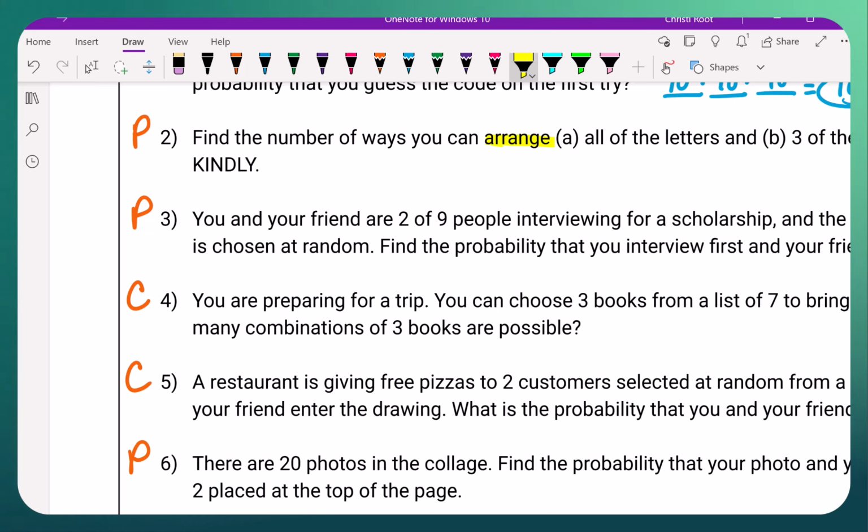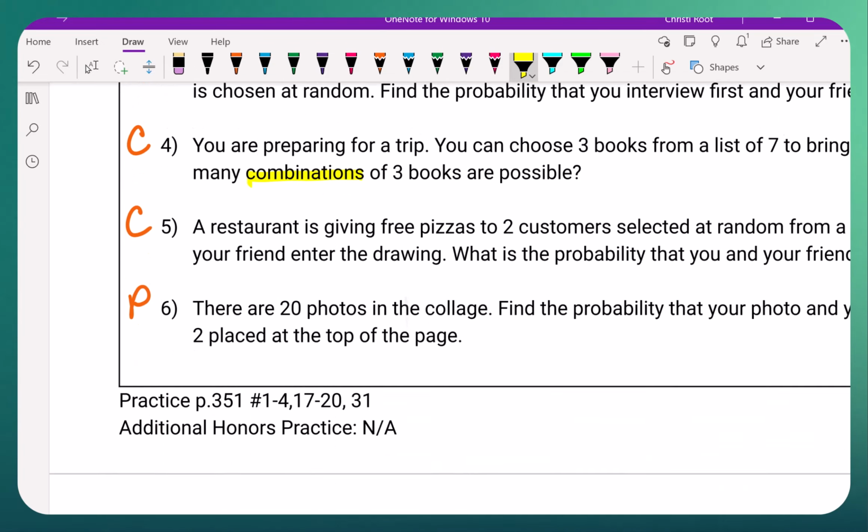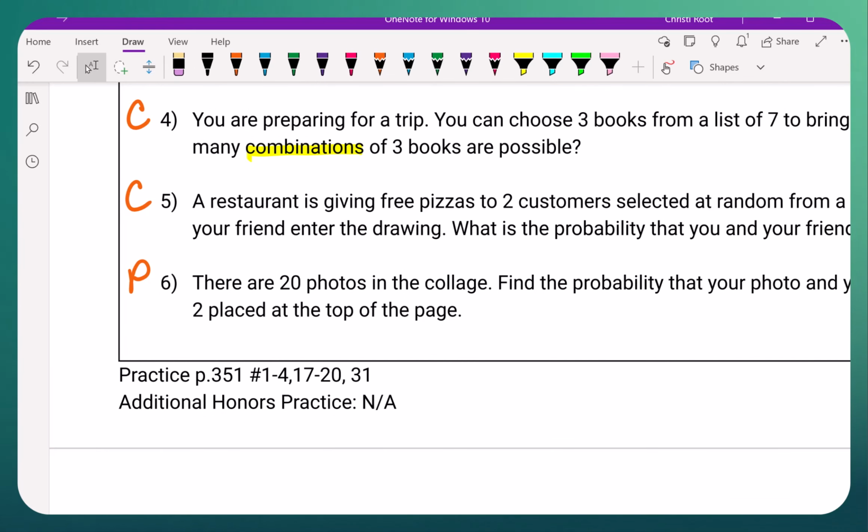Number 4, you are choosing 3 books from a list. It says the word combination, so it kind of gives you a clue. It's definitely going to be a combination. And then number 5, I know you want to get picked, but that's not what the question's asking. It's asking, does it matter who is called first or second? You've got 2 customers, both customers are going to get the same prize. They're both going to get pizza.